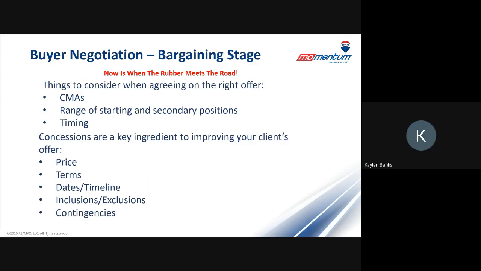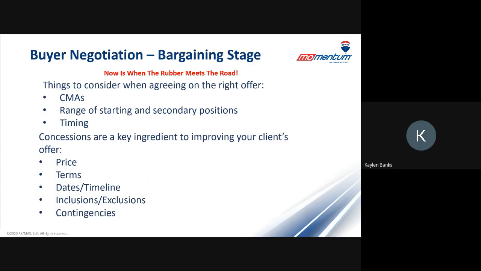So once that offer has been made, one of two things are going to happen. Either the offer is going to be accepted or the negotiation proceeds to that closing stage, and there's a counter offer. And you'll return to that preparation and discovery stages prior to submitting the next counter offer.